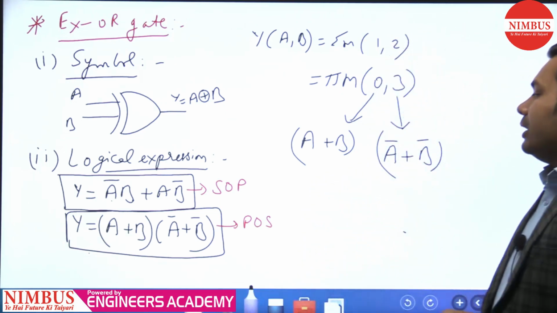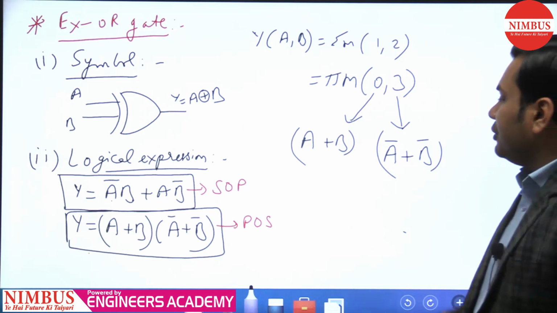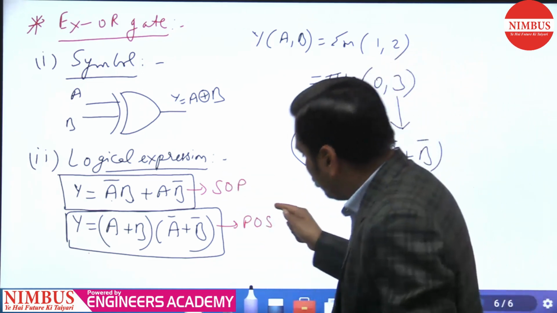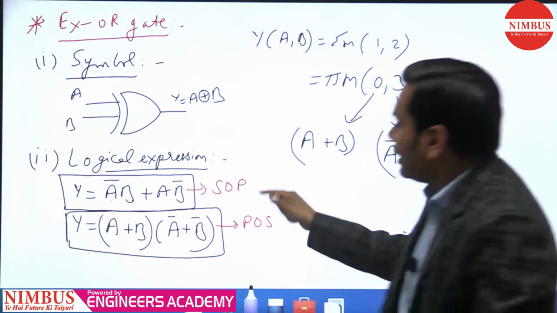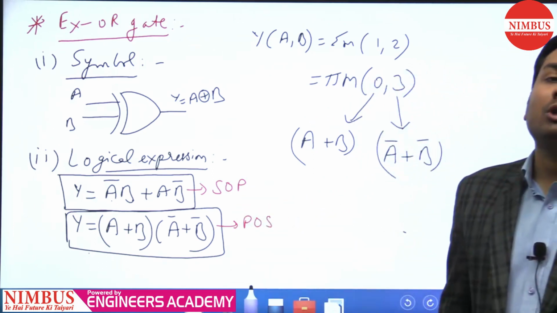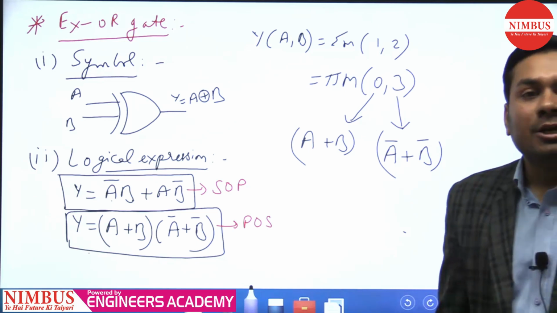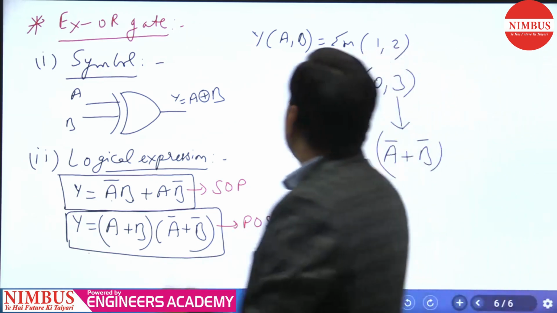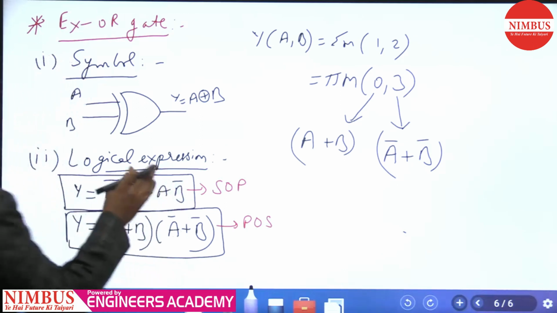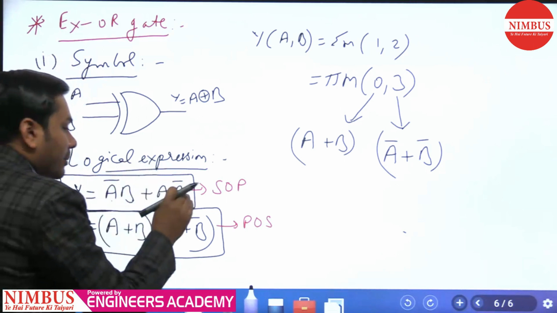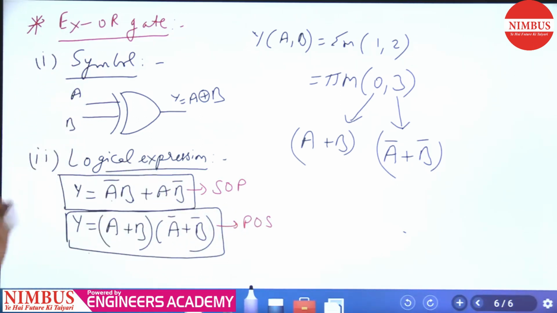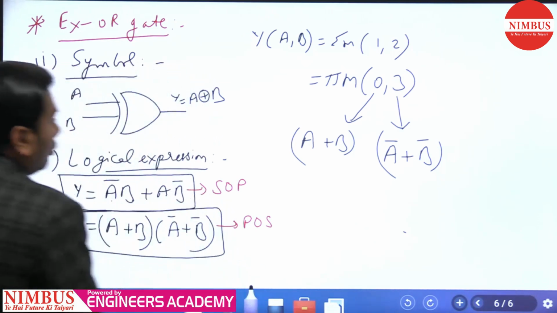So with the SOP expression you have to remember the POS expression also for the XOR, that is (a plus b) dot (a bar plus b bar), right? So we are having SOP a bar b plus a b bar, and POS that is (a plus b) dot (a bar plus b bar).